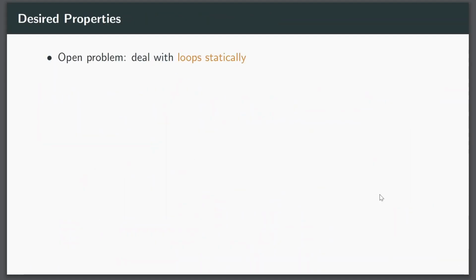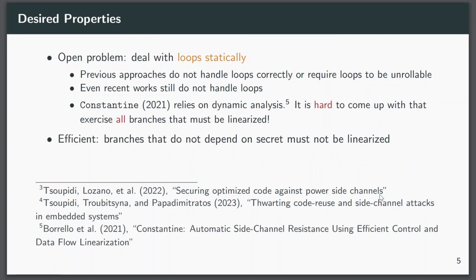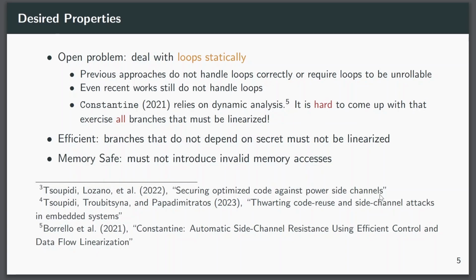And what we want is a transformation that completely eliminates leakage statically. It has to work statically, not with a training phase. And we want the transformation to be efficient or optimal in the sense that branches that do not depend on secrets must not be linearized. And also we want the transformation to be memory safe.